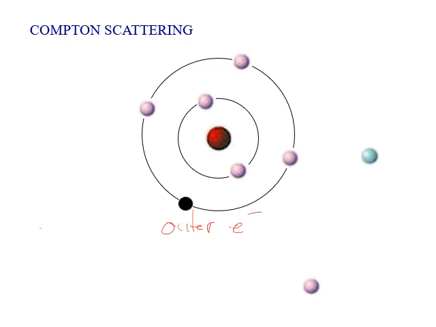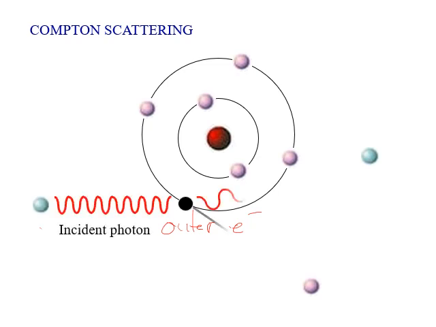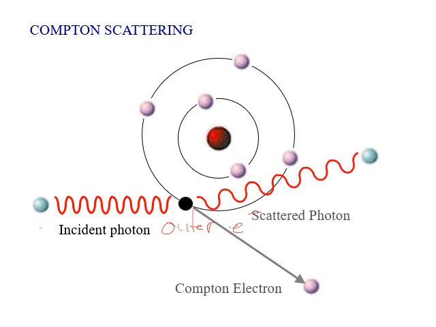So na-remove siya. Ito na siya ngayon. So we have here the incident photon, yung papasok pa lang. Ang paglabas niya, eto na siya. So we have the scattered photon. Ito yung scattered photon natin.